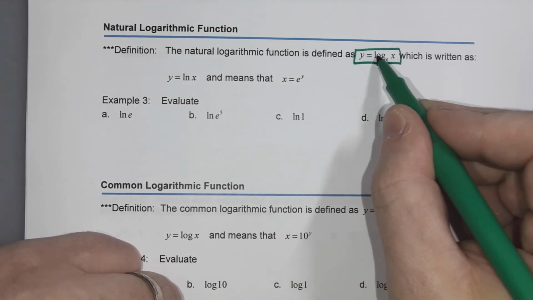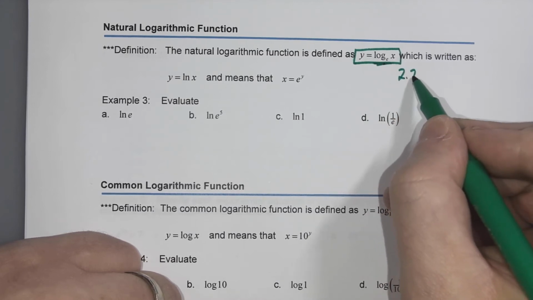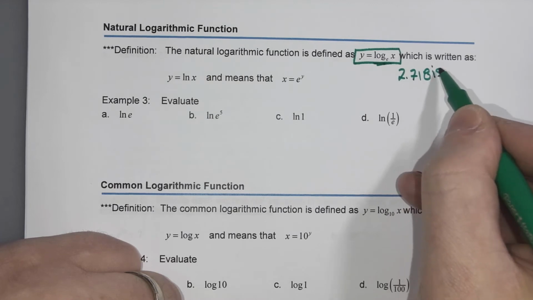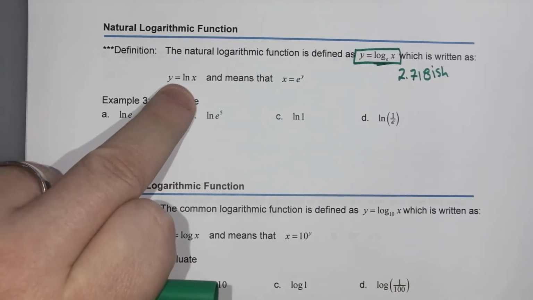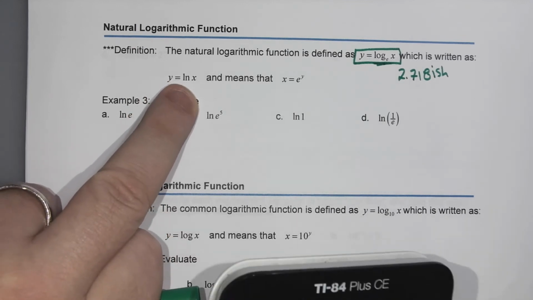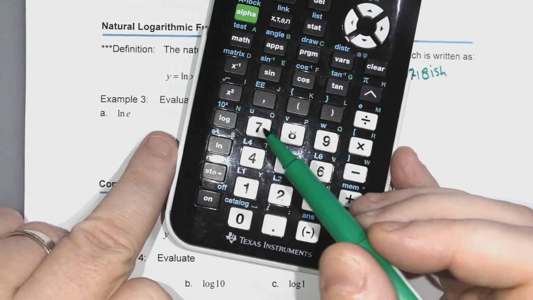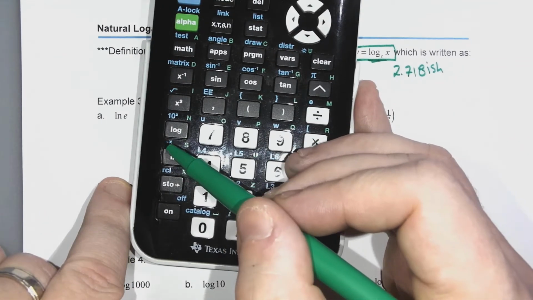When we do log with a base of that special e number, 2.718-ish, we use the abbreviation ln for the natural log. Actually, I think it's due to Napier. This button is on your calculator right here, and if you look above it, you can see there's an e to the x. So that's how you can remember ln and e to the x are married.